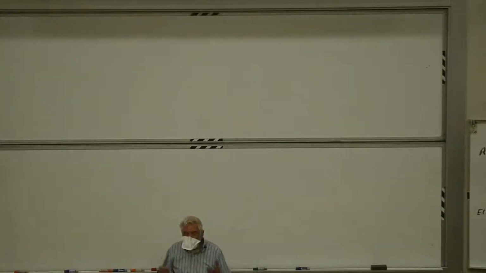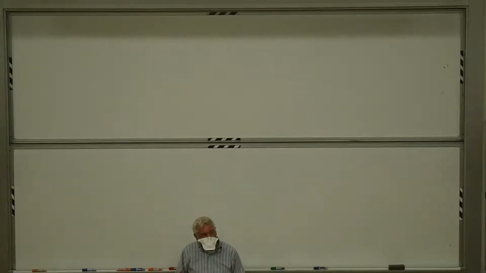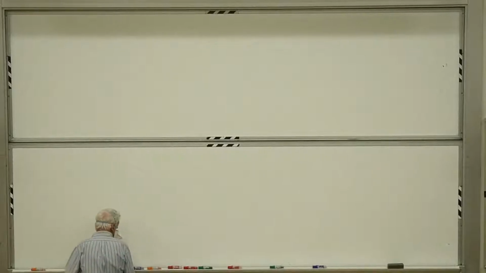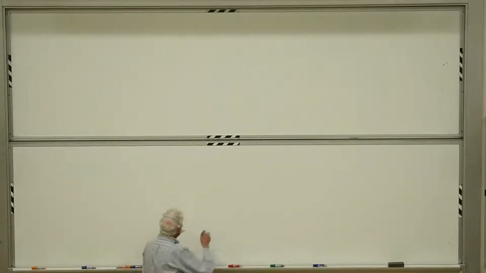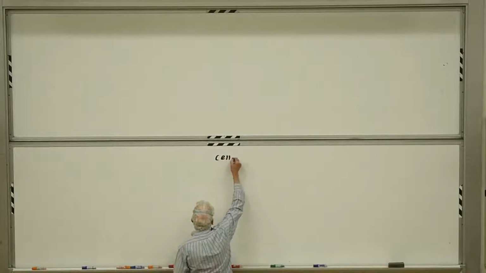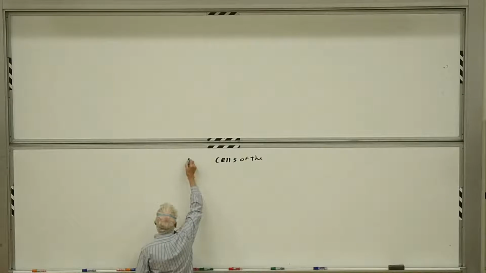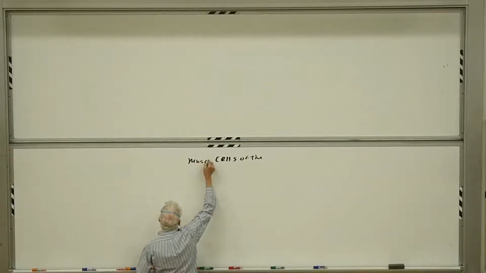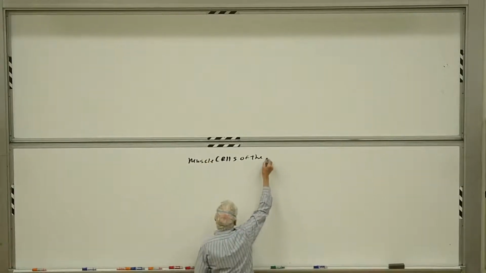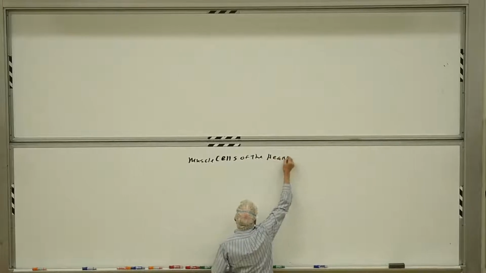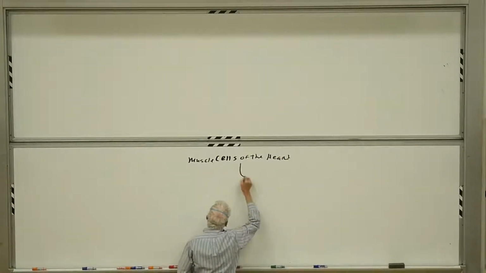They're vastly more contractile cells than conductile cells. But in fact, all the muscle cells of the heart break down into two types.